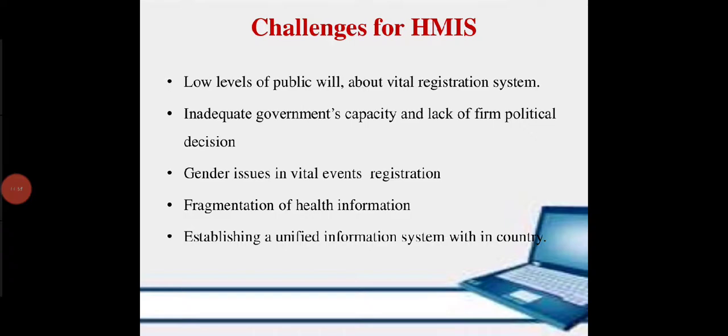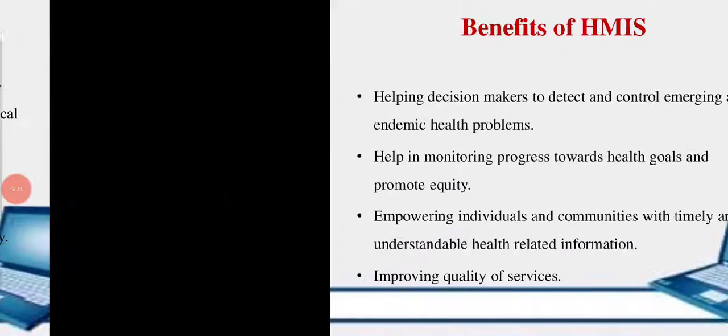Political parties are not getting involved in this HMIS, and they are not coming and taking certain decisions regarding HMIS. Gender issues in vital event registration, fragmentation of health information, establishing a unified information system in the country. Okay? A unified information system is very difficult to establish in the country, and fragmentation of health information means the dividing of health information. These are also certain challenges under HMIS.